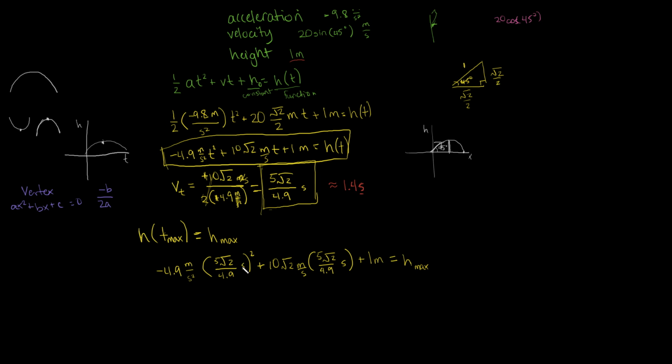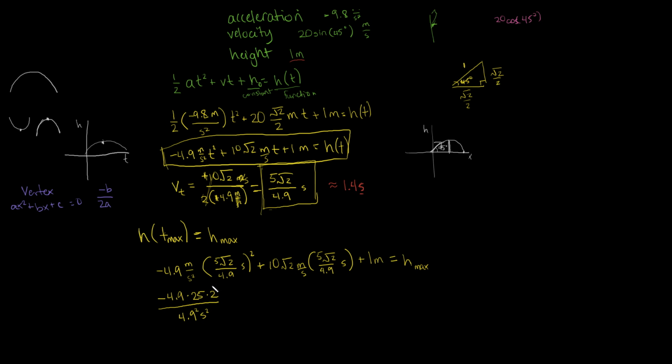If we go on simplifying this, we'll get negative 4.9 times 5 squared, which is 25, times square root of 2 squared, which is 2 by definition, divided by 4.9 squared seconds squared.